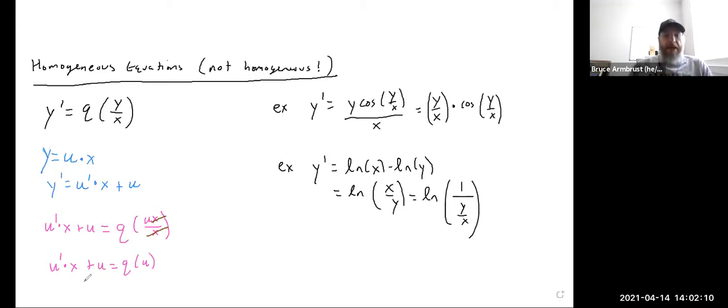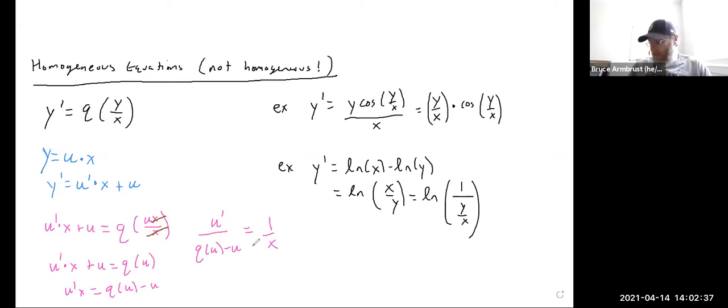But this thing right here is actually separable. If I move the u to the other side, just do minus u. And then I can separate it by making it u prime over q of u minus u equals 1 over x.